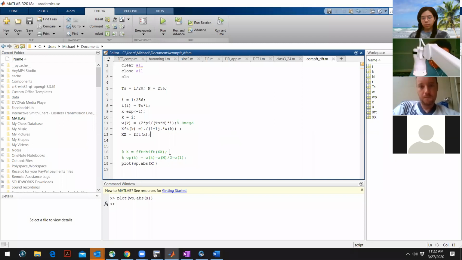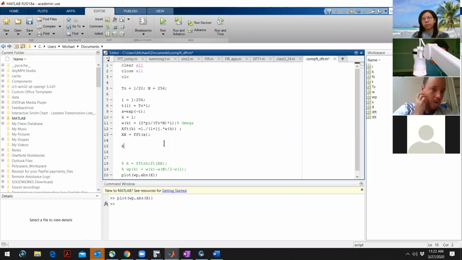So if I take this code right here, now I want to adjust this. So I'm going to call it X adjusted. It will be equal to, watch this, 1 minus exp to the minus 1j times my omega, which is in line 11, times Ts, and I'm going to have to put a dot in front of there.